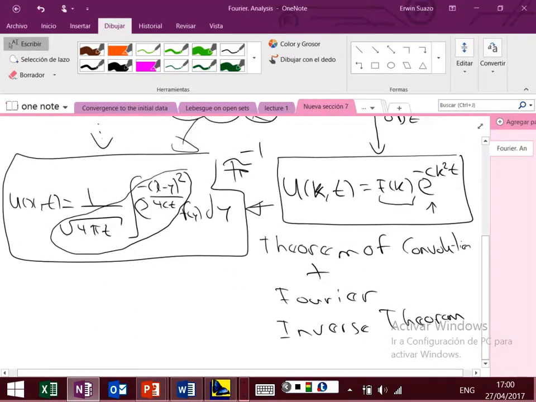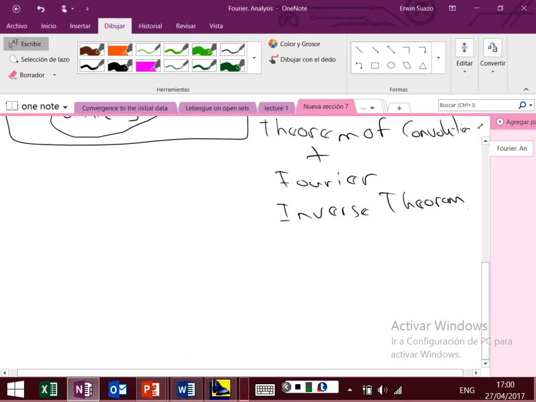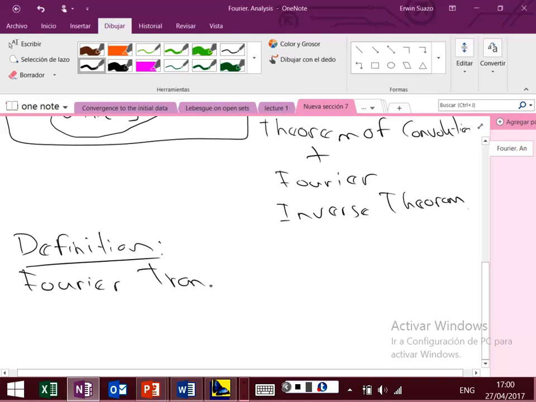Okay, so let me start by saying what the Fourier transform is. Definition. The Fourier transform of a function of two variables.